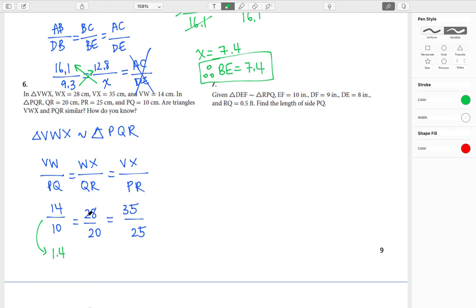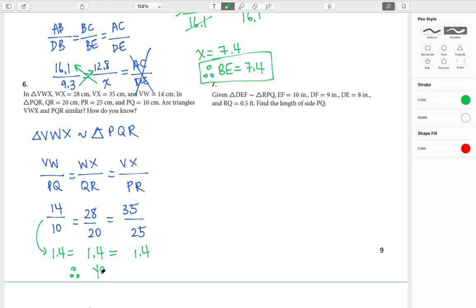Now, what's 28 divided by 20? It also gives me 1.4. And then 35 divided by 25 also gives me 1.4. So as you can see, they are exactly the same ratio. They're proportional. If you were to get different numbers, that means they are not proportional. So the proportionality is exactly the same.